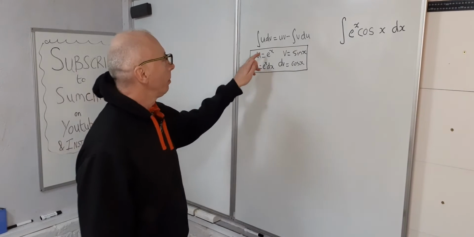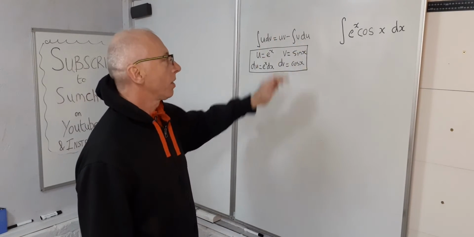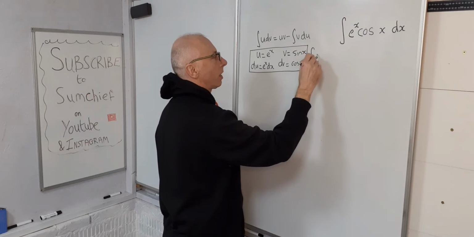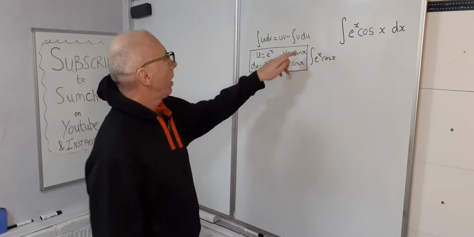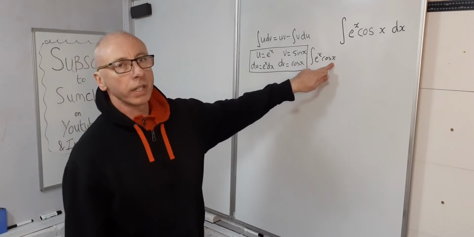Okay, so now we're going to apply all these things into this formula and see where it takes us. So sticking with the question, e to the x cosine of x, where u and dv is these ones, that's simply what we got here.